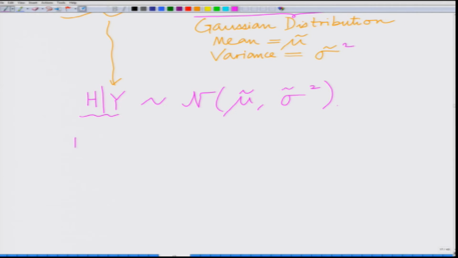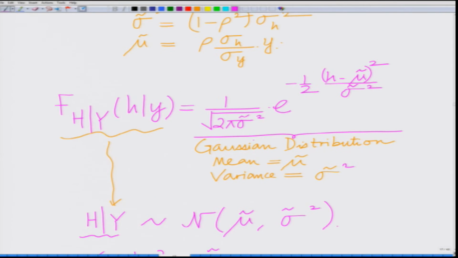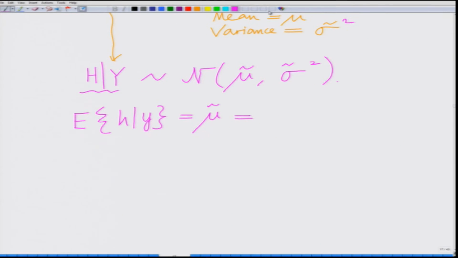Therefore, now you can clearly see the expected value of h given y equals mu tilde, which is rho sigma_h over sigma_y times y.